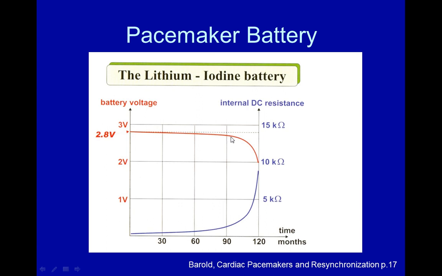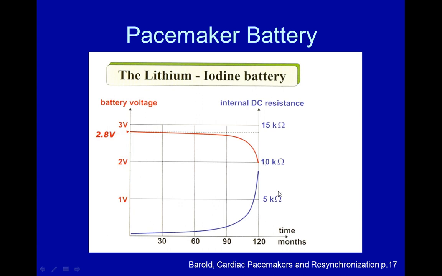And then all of a sudden, and this is ballpark, it could be 7 years, it could be 12 years, it just depends on the amount of battery use, how many times the patient's pacing and so on, you get the concept that over time, there becomes a point where the battery voltage falls relatively quickly, and simultaneous with that, there is an increase in the battery's internal resistance. The internal resistance is relatively easy to measure with the programmer, and so that's what we typically will do.